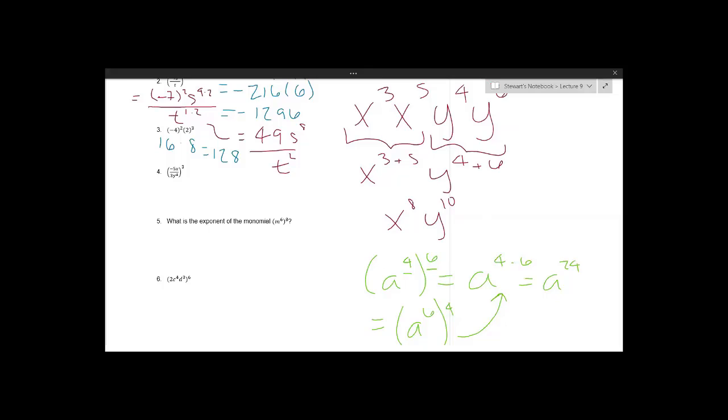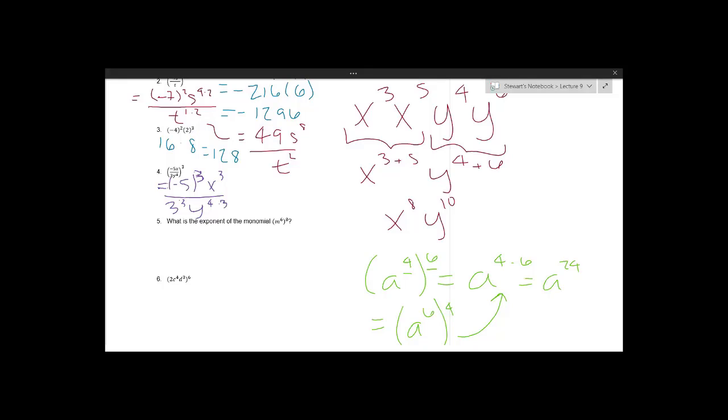So here, because the cube has to apply to everything in the numerator and the denominator, we're going to have negative 5 cubed x cubed over 3 cubed y to the 4 times 3.